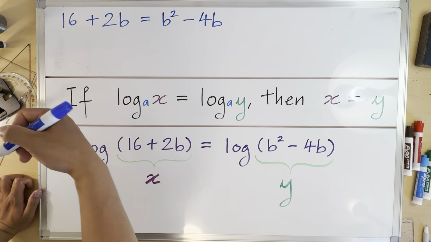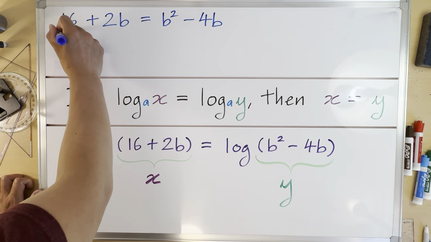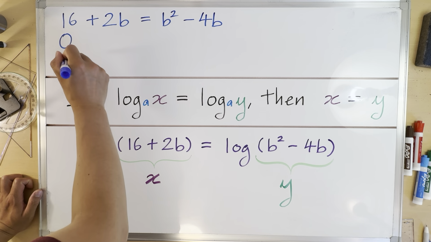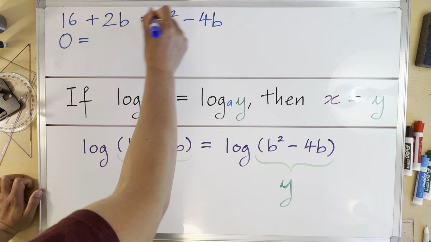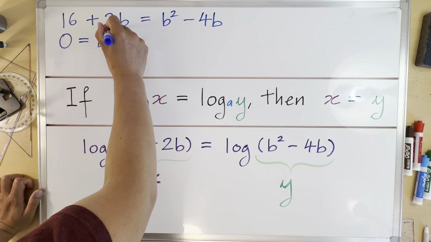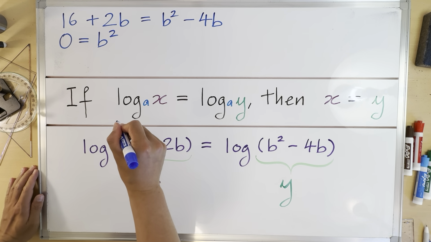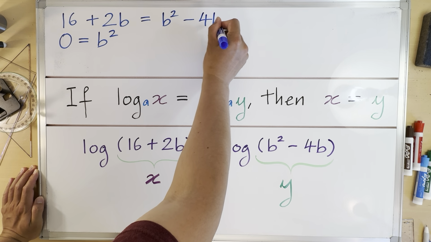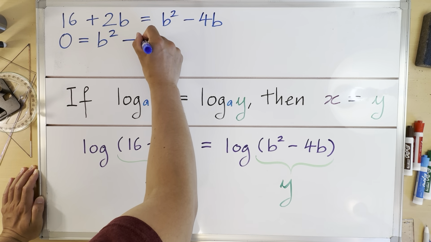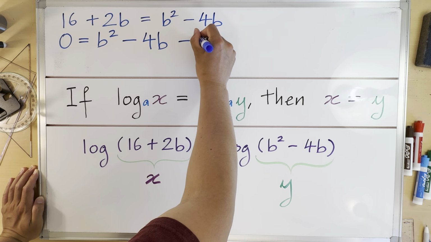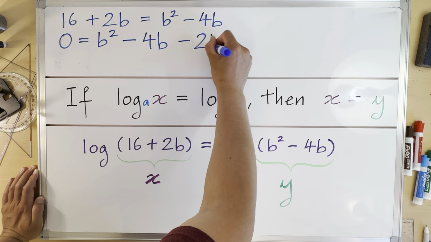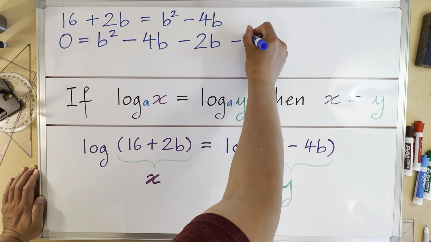Now, the new equation becomes 0 is equal to b squared minus 4b minus 2b minus 16.